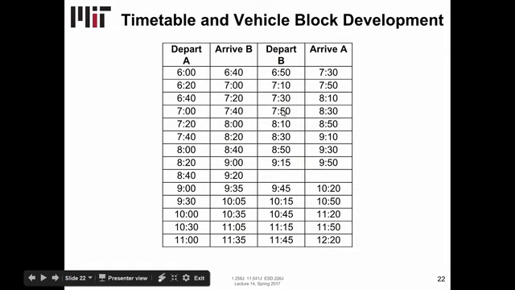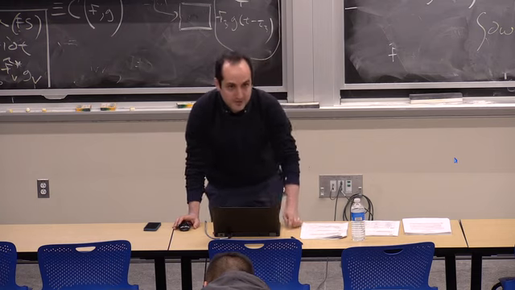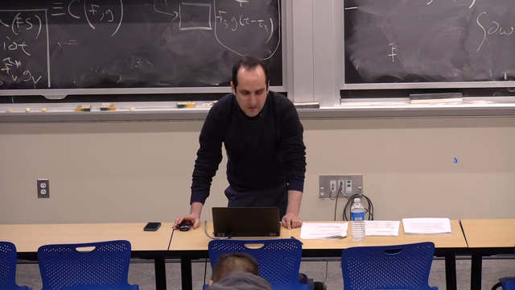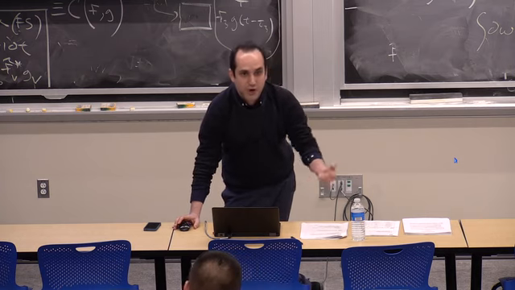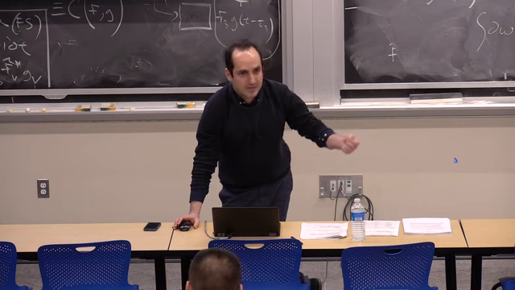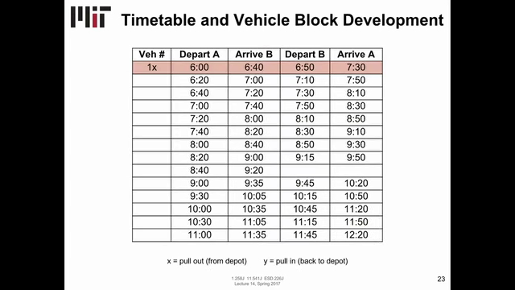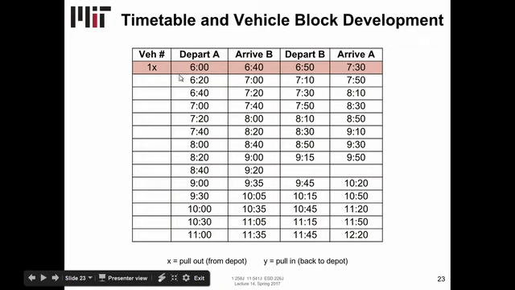Which means we need 5 buses? Yes, we'll work this out. We need 5 buses, but some of them are partial only. They can pull in the middle and pull out, but we will see that in a second. We start with the first pull out, the bus that serves the first round trip.